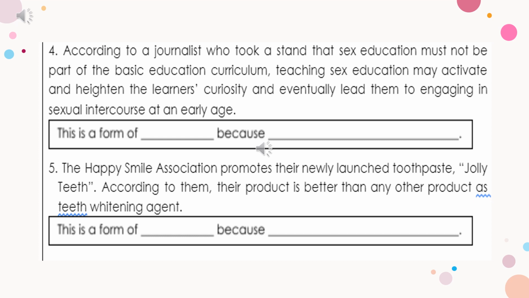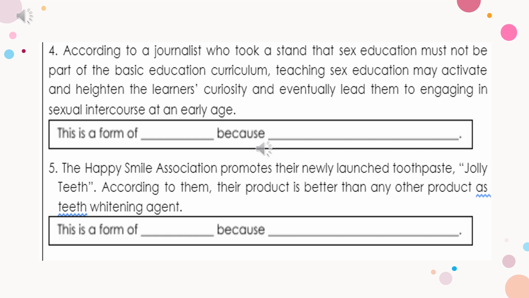So it's a form of bias because it is highly written for marketing purposes, and there's no research or statistical data showing that their toothpaste brand is better than other brands. So it is again a form of bias.